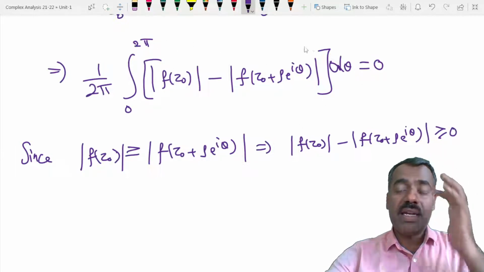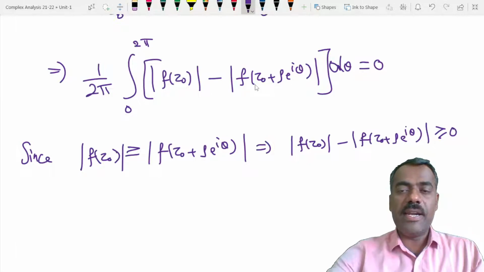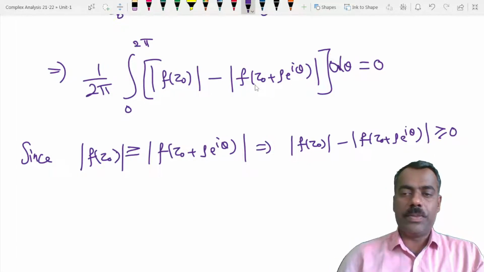So you have an integrand which is continuous and non-negative, okay, whose integral is equal to 0.